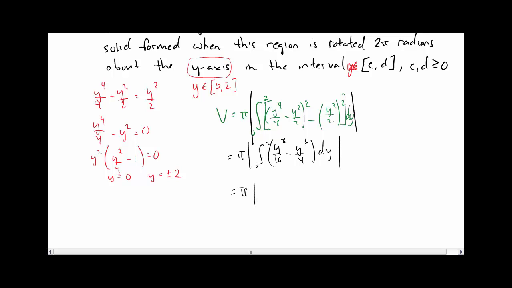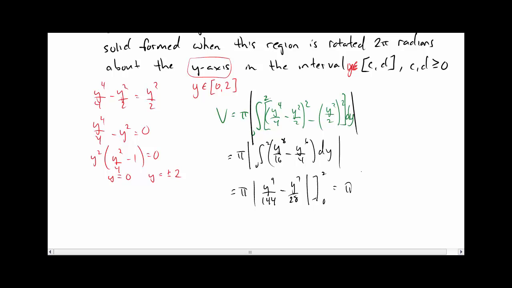So pi times the absolute value of y to the 9th over 144 minus y to the 7th over 28, evaluated at 0 and 2.